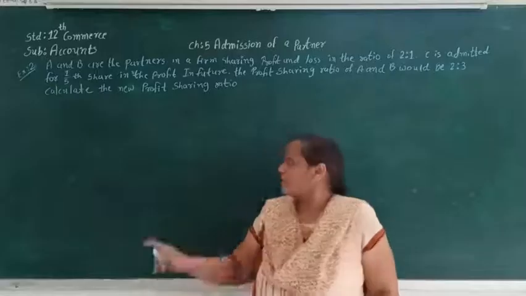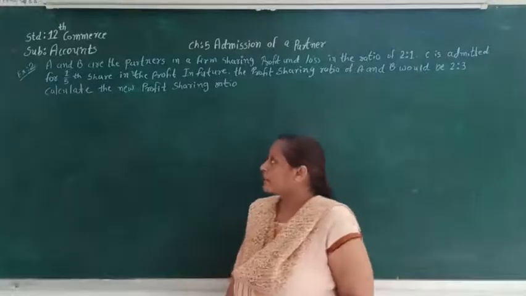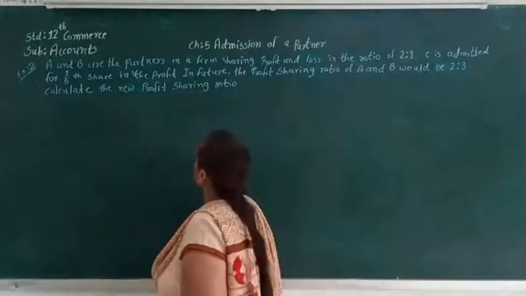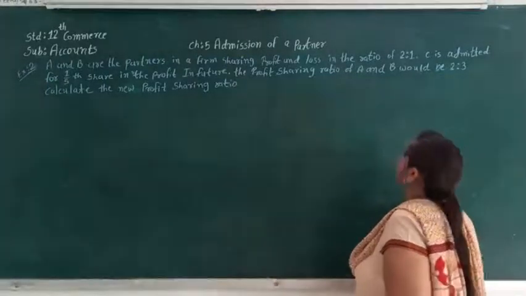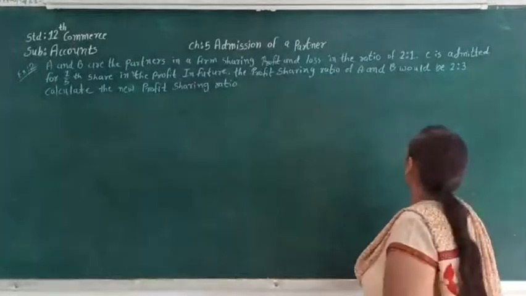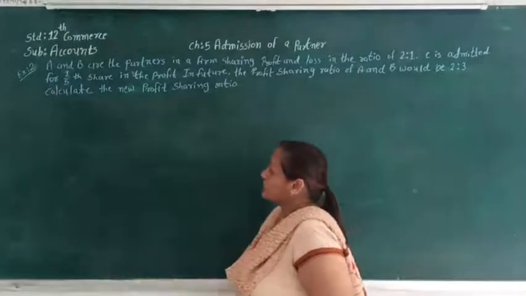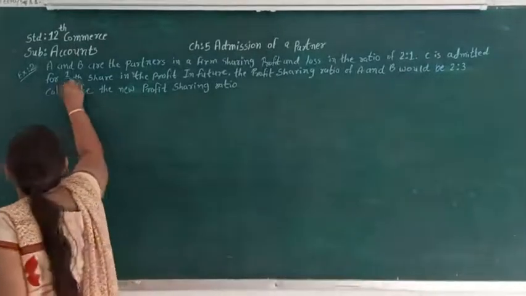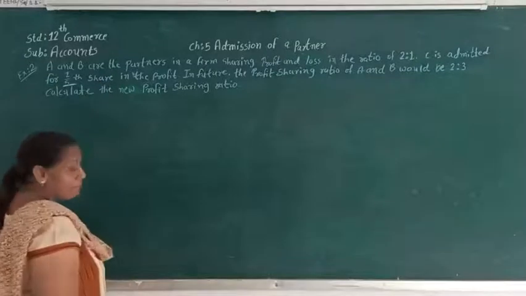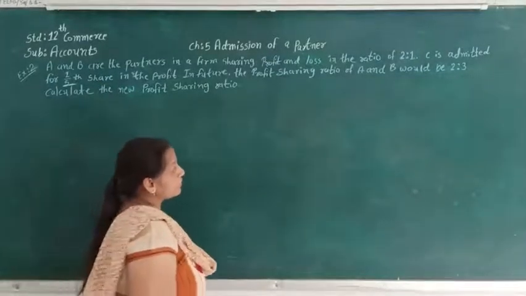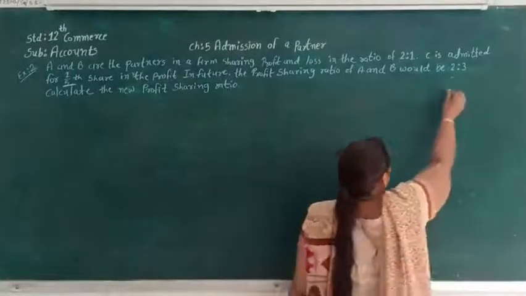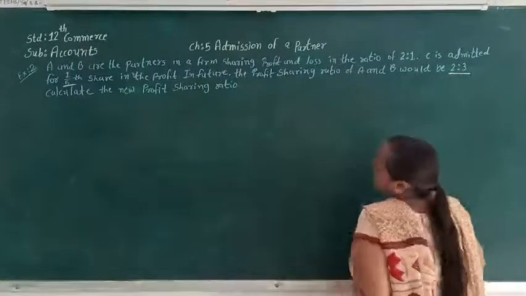Let's see the next example. Example number 2. A and B are partners in a partnership firm, sharing profit and loss in the ratio of 2:1. C is admitted for a 1/5 share of the partnership firm. In the future, the profit sharing ratio of A and B would be 2:3.